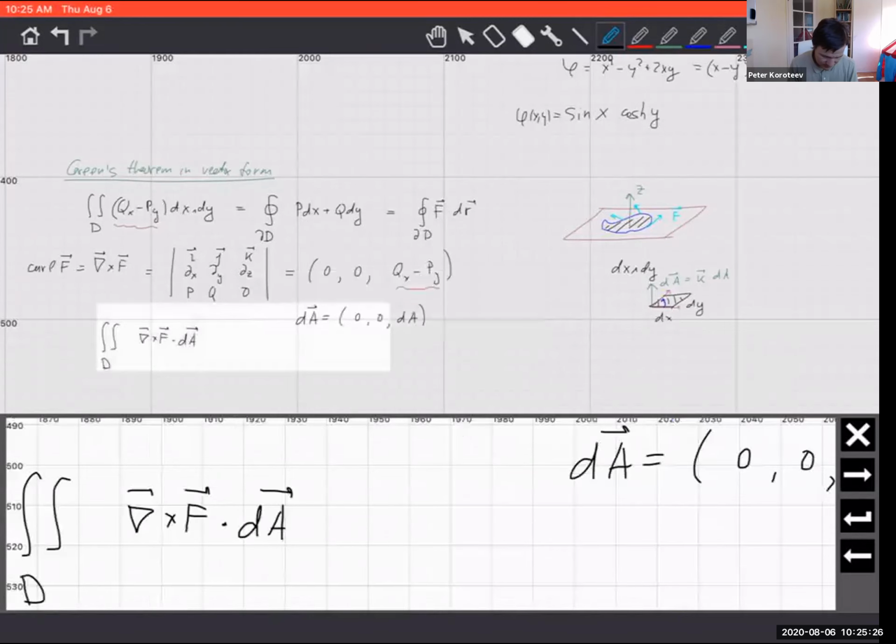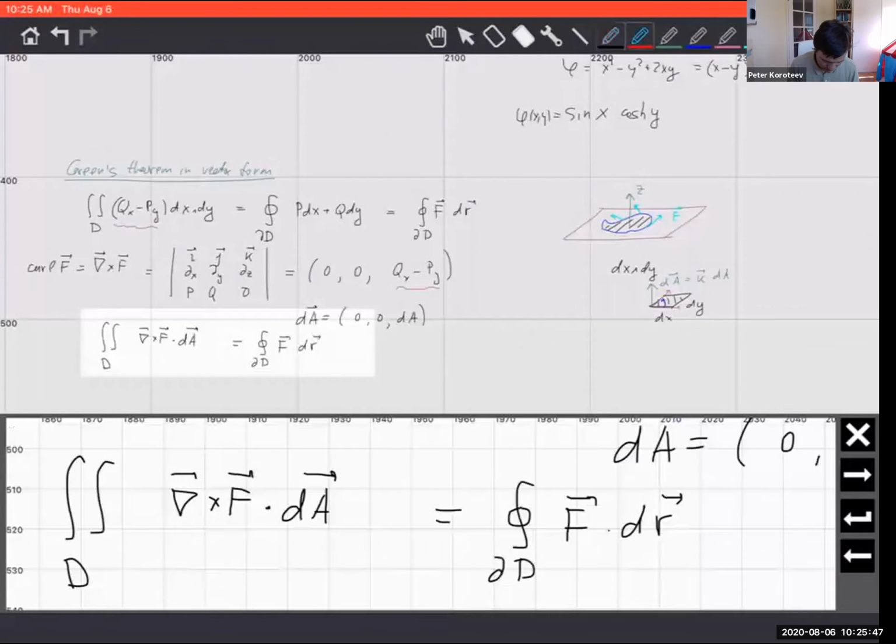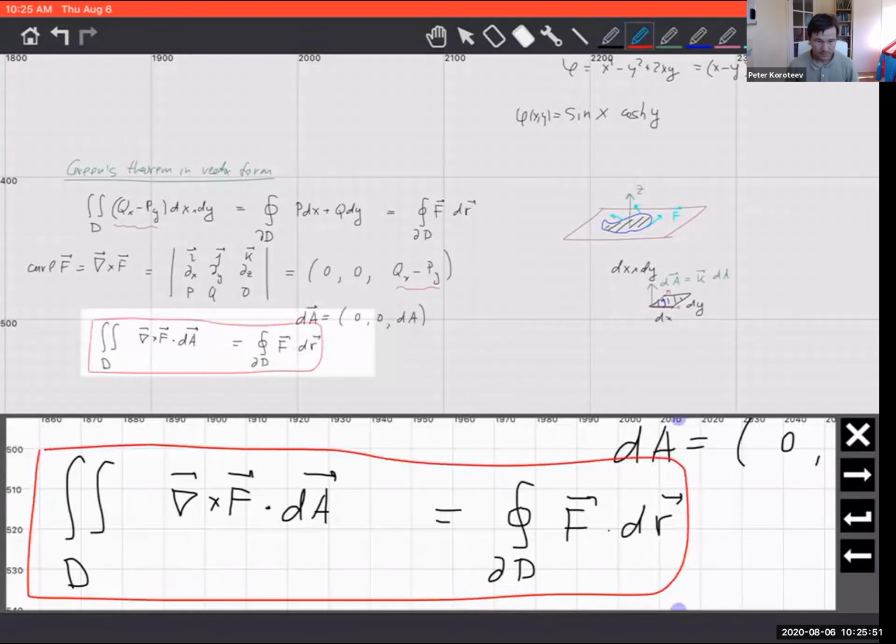So that's the left-hand side, and the right-hand side does not change, right? It's the same. It's the contour integral of f dot dr over the boundary. Yeah. So this is the formula in the vector form.